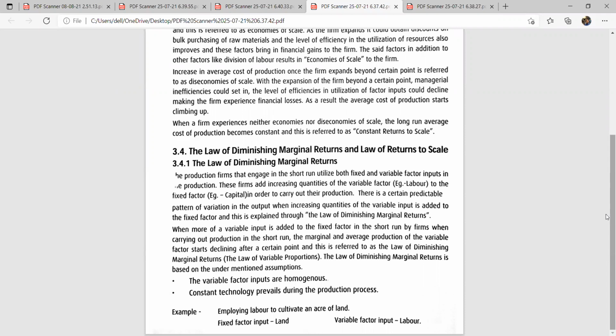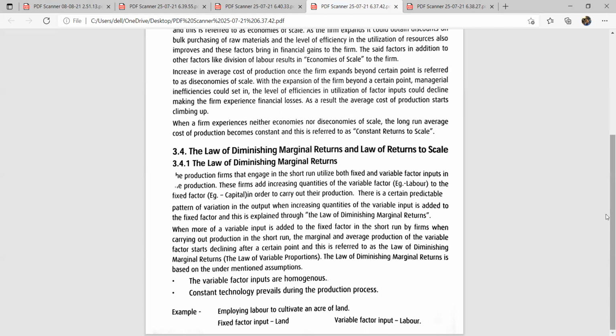As a number of labor, the variable factor, is added to a fixed factor of production, the marginal output of the variable factor diminishes eventually.